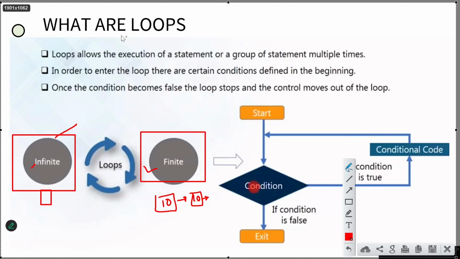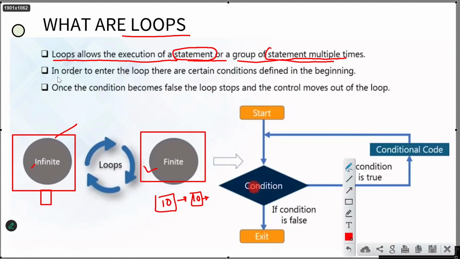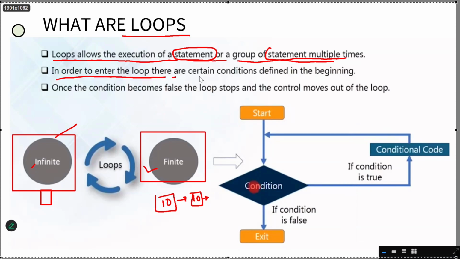If you see what loops are, loops allow the execution of a statement or group of statements multiple times. So it is not only a single statement, guys. You can execute a group of statements also. Do remember, you can execute a group of statements. In order to enter the loop, there are certain conditions defined in the beginning.